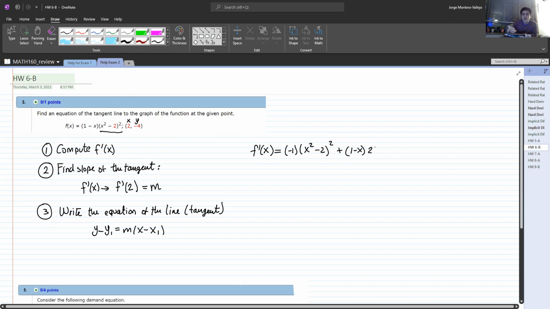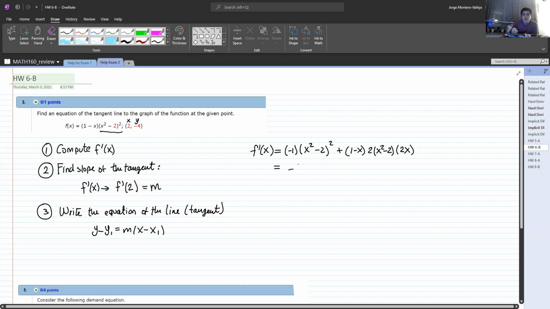So then we have 2 times the inside untouched with power now 1, and then multiply by the derivative of that inside, x squared minus 2. Well, that's just 2x, right? And we get what now? Sorry.